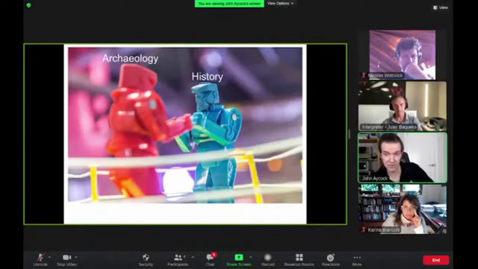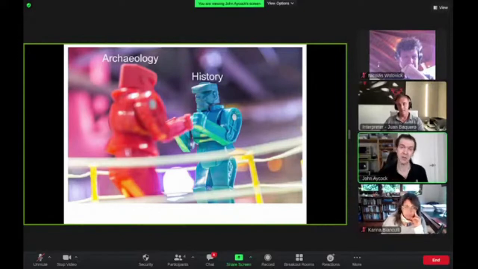One way that history and archaeology have been differentiated in somewhat oversimplified form is that archaeology deals with artifacts and history uses written text.